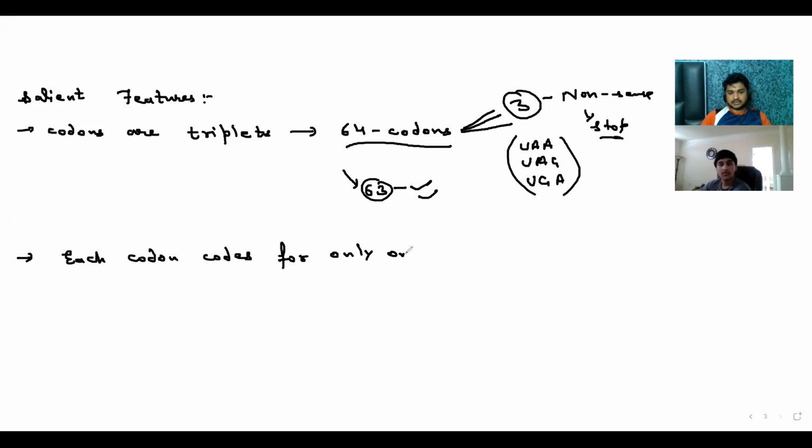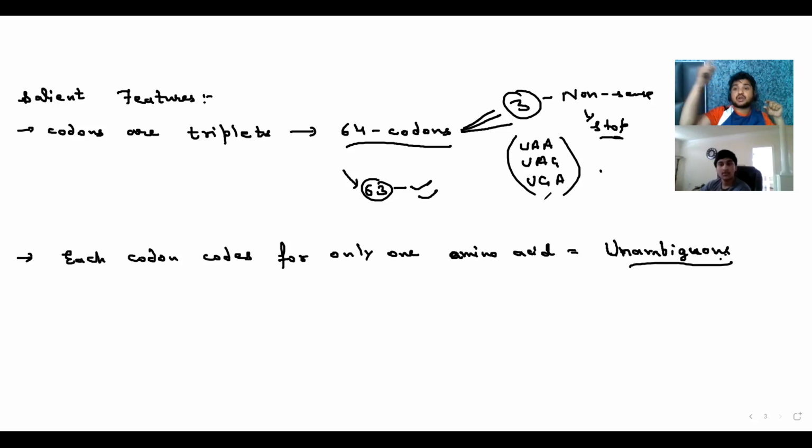But if I talk about the amino acid, is an amino acid coded by only one codon, or can it be coded by more than one codon?